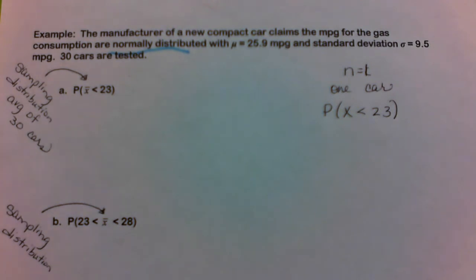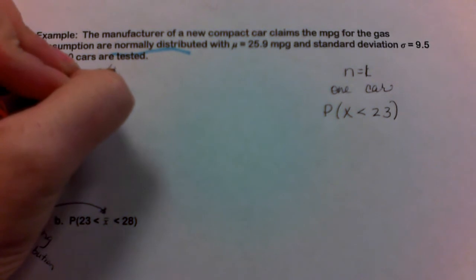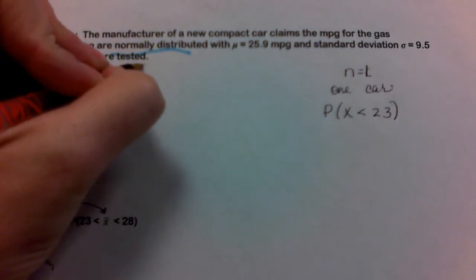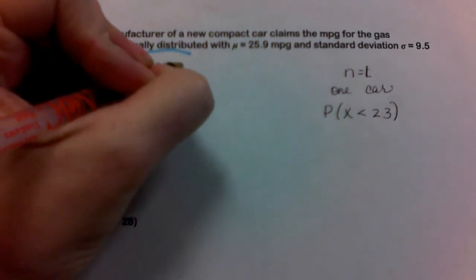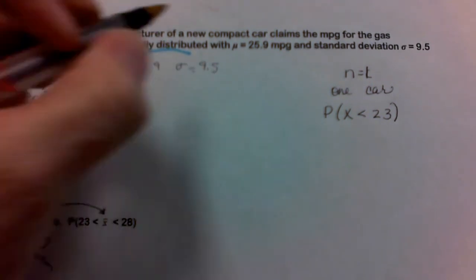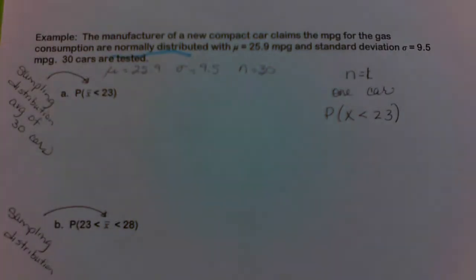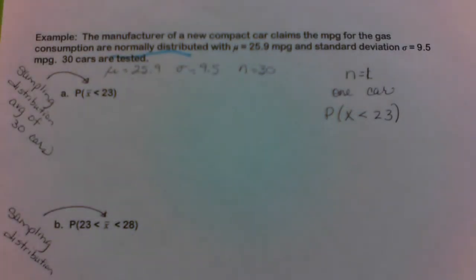So mu is 25.9, sigma is 9.5, and n equals 30. So I have more than one car, so this is the sampling distribution, okay?